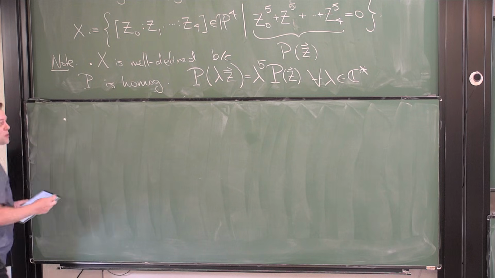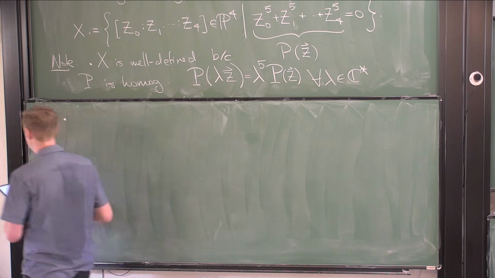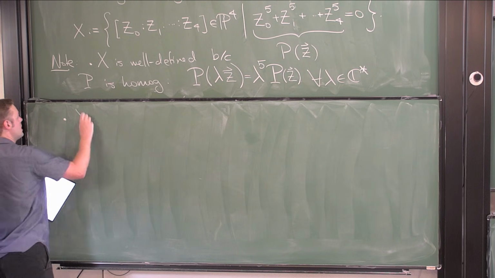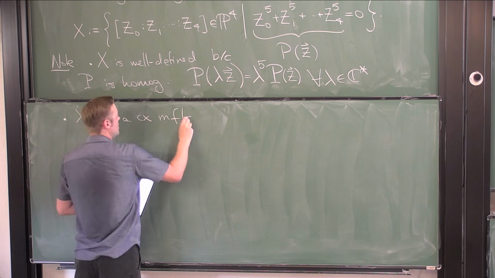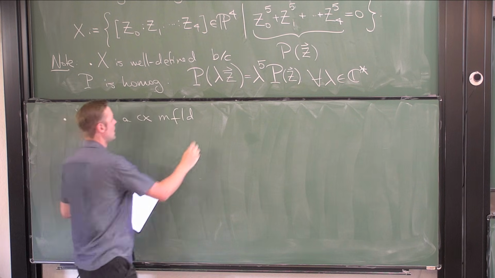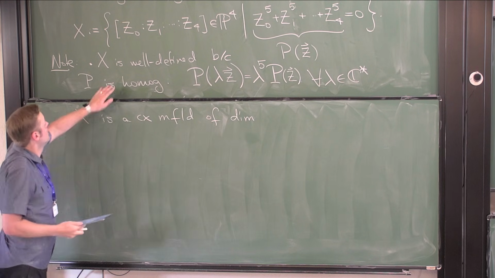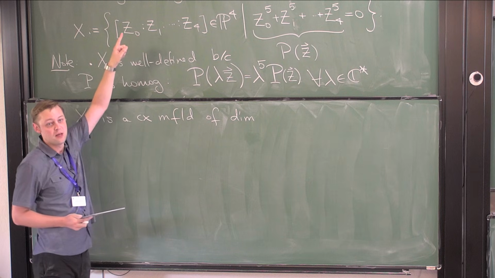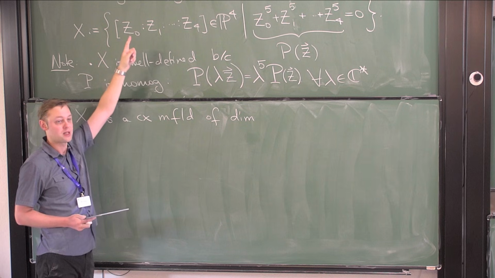So now I'm going to give you an argument for why this is actually a complex manifold. So X is a complex manifold of dimension, so what is the dimension? I'm defining it inside P4, which is a 4-dimensional complex manifold.